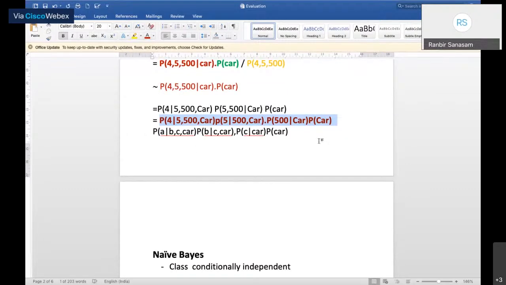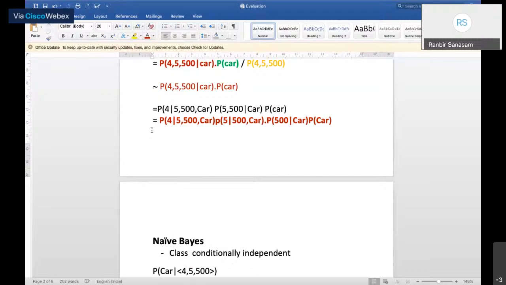Okay. So if you have done this operation earlier, you will easily realize that if you have lots of features and big data sets, this is a very expensive operation, because for calculating this probability, you need to read every row and check whether this row is 5, or the next row is 5,000, next row is car, and how many of them are.